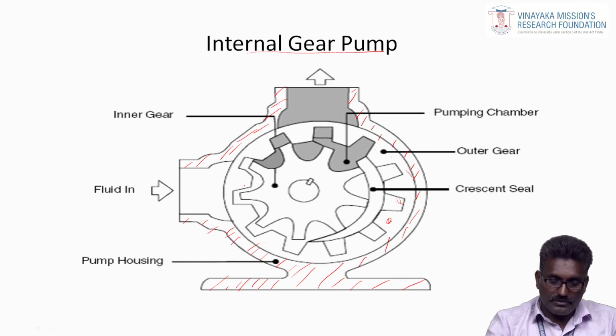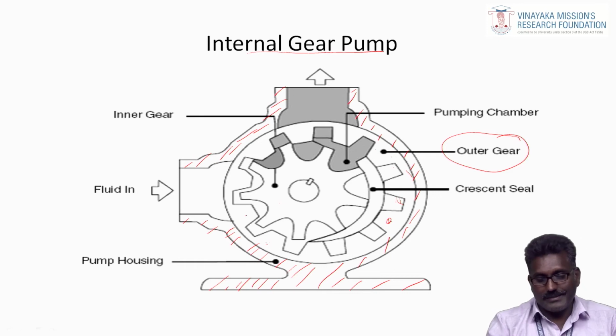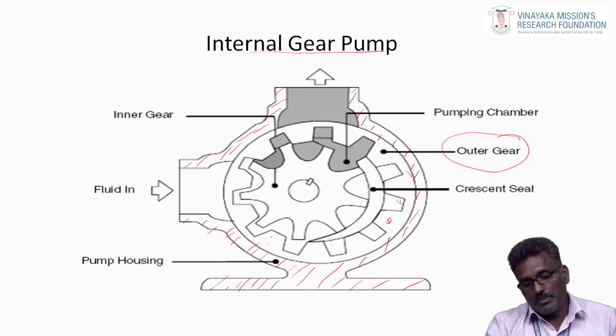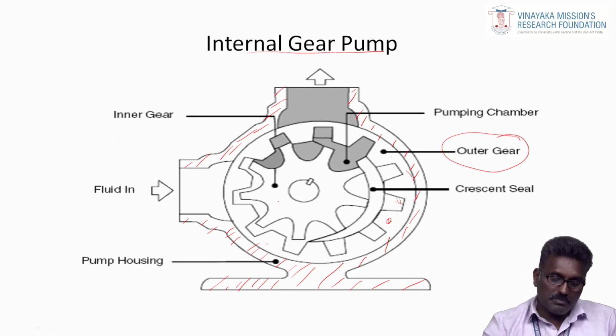You see here the difference. It is the external gear. Okay, it is the internal gear. You see this outer gear: the gear teeth are formed internally. Internal form, that is why this pump is named an internal gear pump. The previous pump had external gears, meaning two gears with external teeth, but in this pump there is only one internal gear and one external gear, the inner gear shown here.